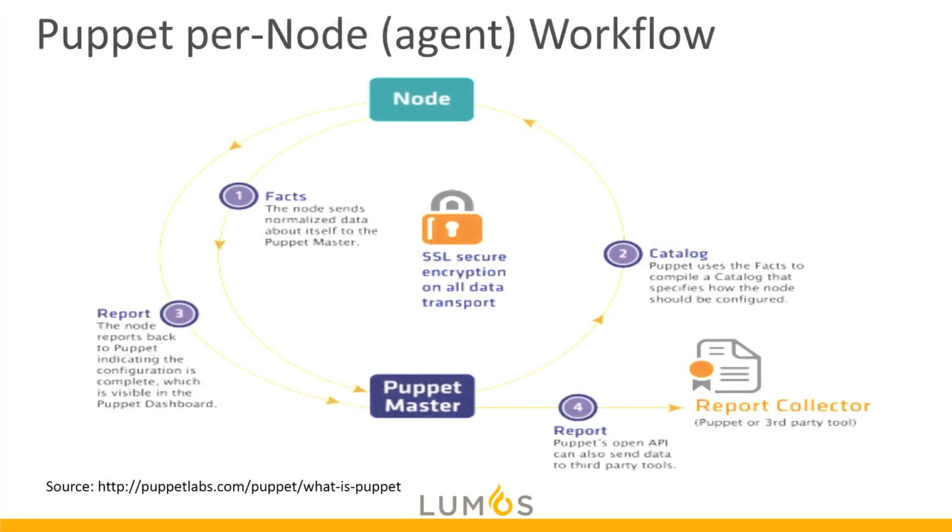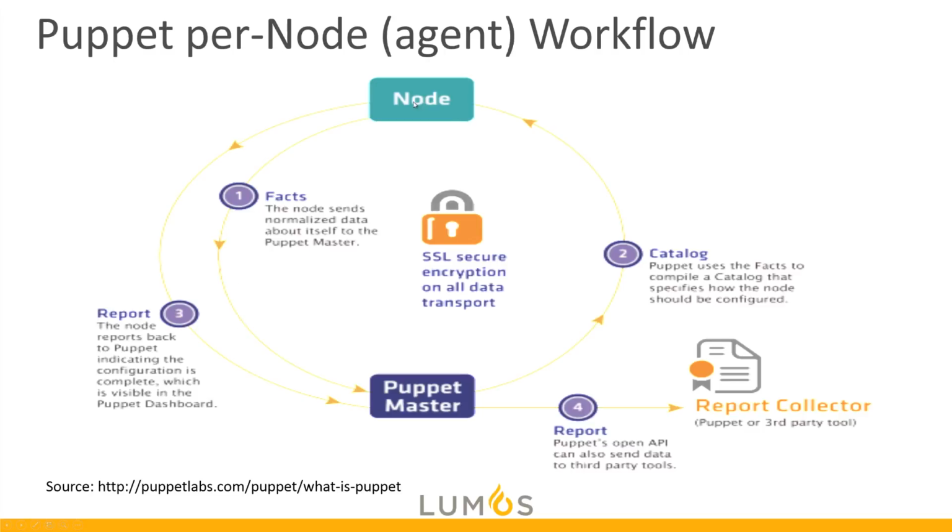So here's an example of a workflow. So we see a node out on could be the network, could be a switch, could be more traditionally a VM. And essentially, the first step is for the node, the Puppet agent running on the node, to go out and gather facts. So the node basically sends the normalized data about itself to the Puppet master.